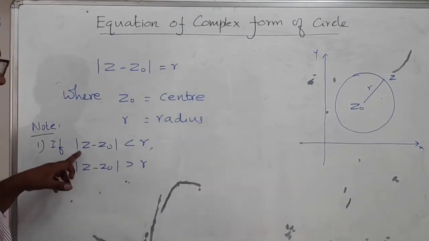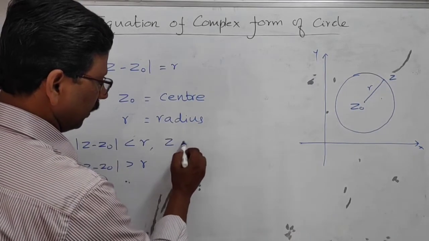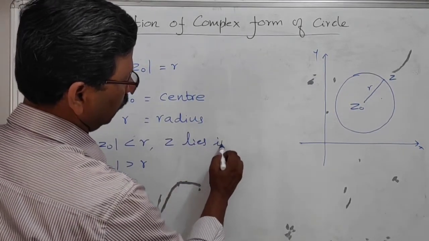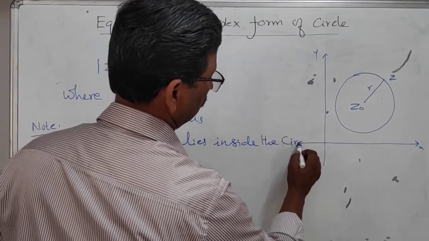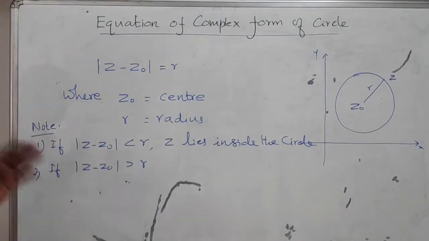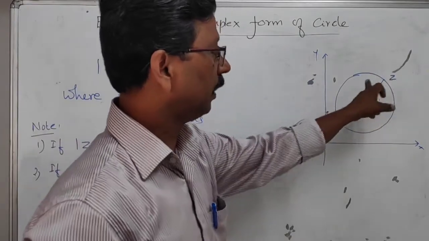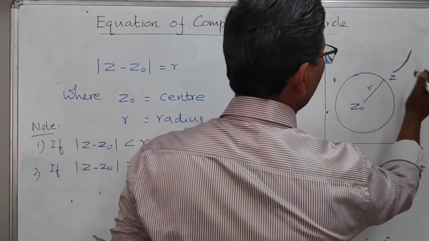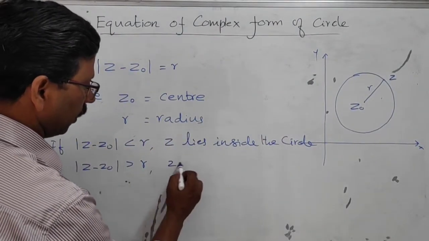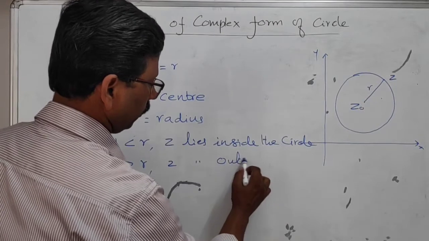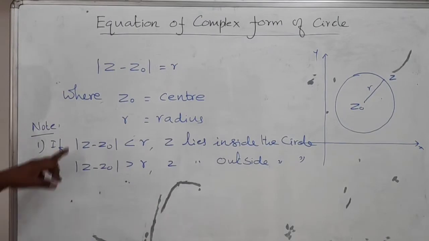Therefore, we can say if modulus of z minus z0 is less than r, z lies inside the circle. Suppose z minus z0 is greater than r, it means distance between these two complex numbers is greater than r, so definitely this point z will lie outside the circle. Therefore, we can say z lies outside the circle. Okay, now these two things you should know.